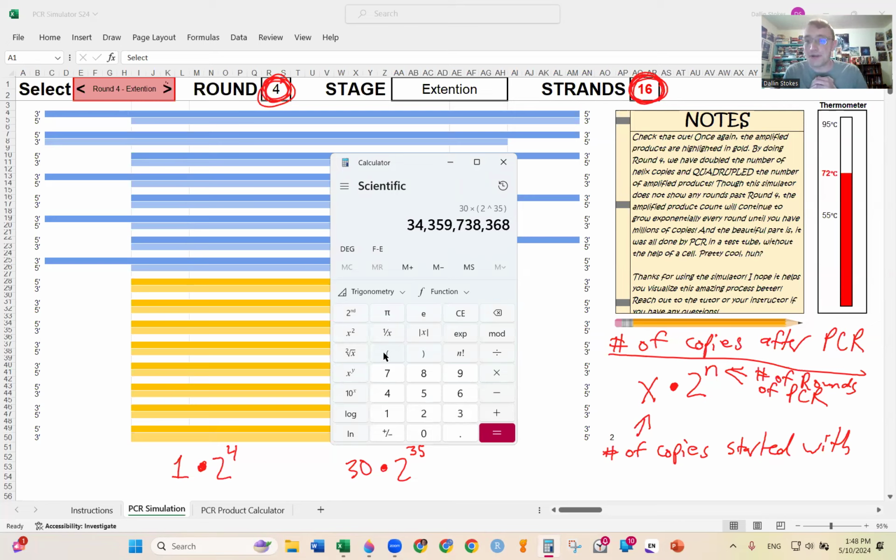That's a lot of copies: 34 billion copies of the gene. That's enough to work with, right? So PCR is extremely effective. It takes getting to higher rounds to see, but if you keep doubling it, you wind up with a heck of a lot of DNA by the time you're done. So that's the point of doing PCR.